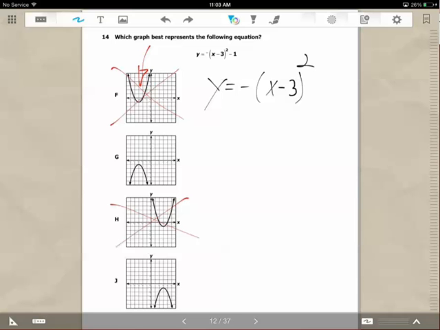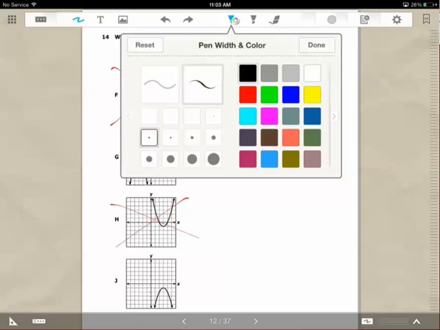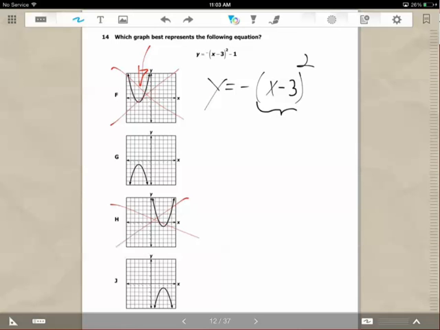Now, because I have x minus 3, that tells me that my vertex will be located on the x-axis where x minus 3 equals 0, where x is actually equal to 3, right?